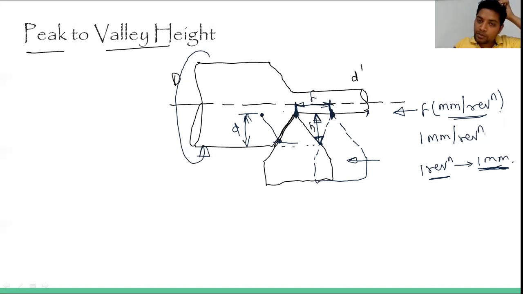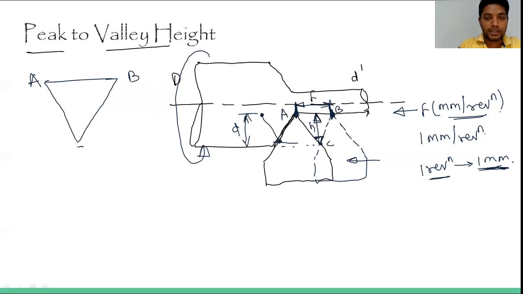Now we are assuming some points: this is A, this is B, and this is C. I'm just bringing this triangle outside. When you see this triangle, it will look like this. This is A, this is B, and this is C. Now this is the peak to valley height.